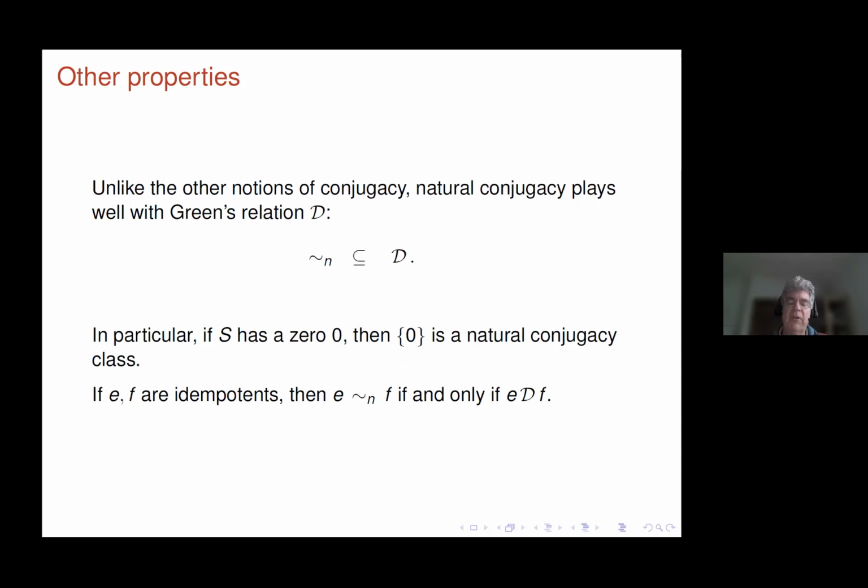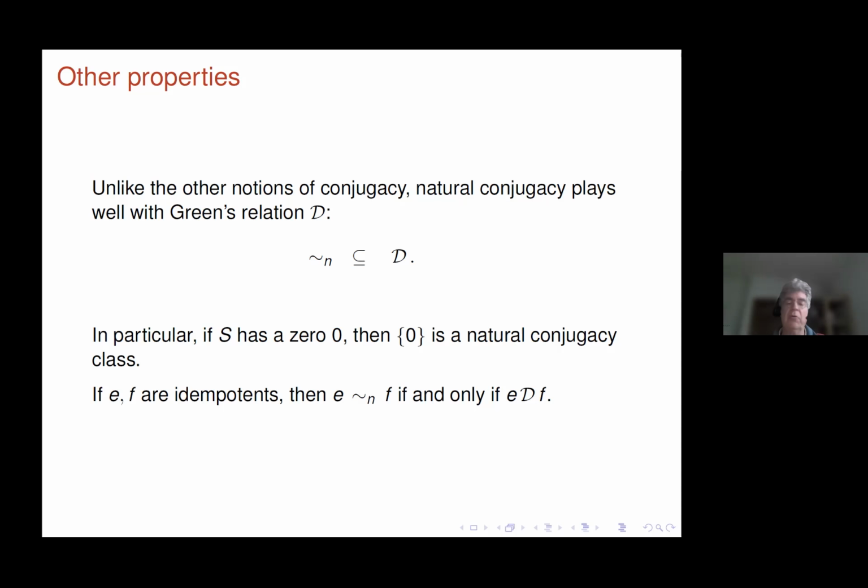And in particular, there's a couple of conclusions that one can draw from this with just some slightly additional arguments. First of all, natural conjugacy is the best behaved conjugacy for semigroups that have a zero. Because if a semigroup has a zero, then the singleton containing that zero is a conjugacy class.